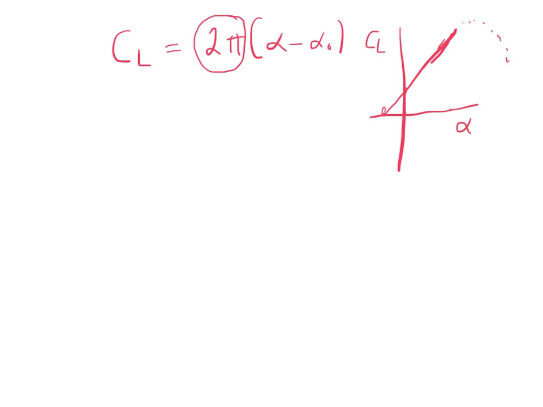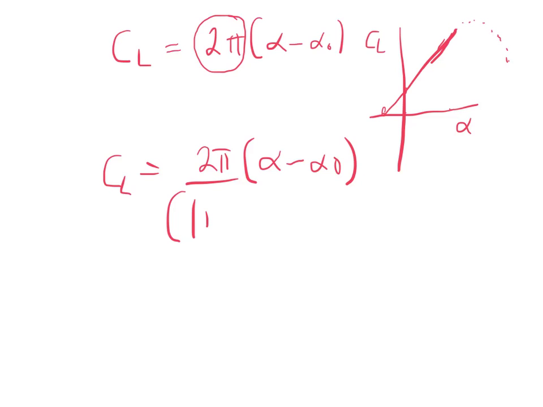For 3D, there are two different variations of the 3D lift curve slope for thin airfoil. One of them is more suitable for higher aspect ratio wings. That is the one I will write for you now, and the form looks just like this: CL equals 2 pi times alpha minus alpha naught, and then we're going to divide this by a factor, which will be the three-dimensional effects: 1 plus 2 pi over pi times aspect ratio.